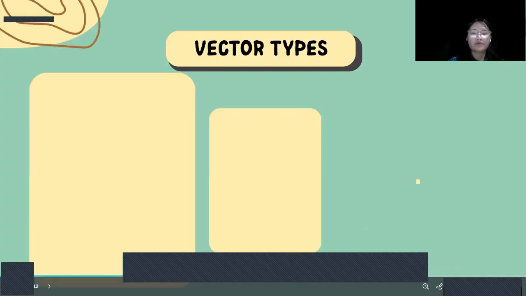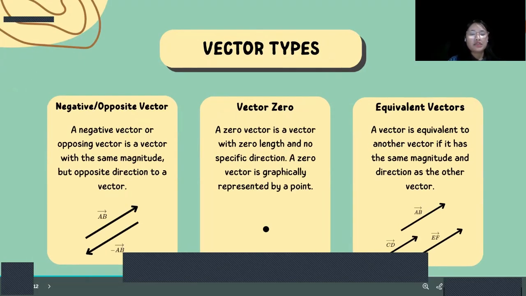Okay, next, there are three important types of vector. The first is negative or opposite vector. It has the same magnitude as another vector but points in the opposite direction.